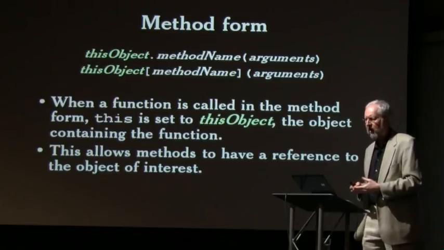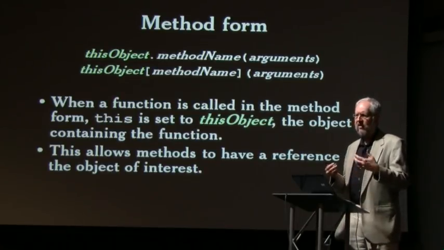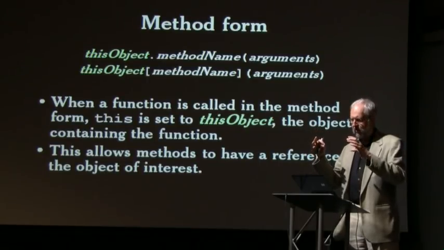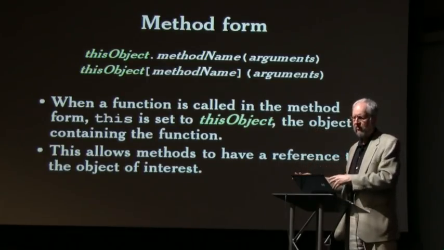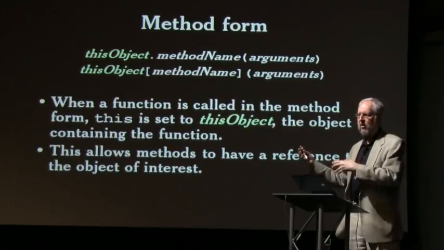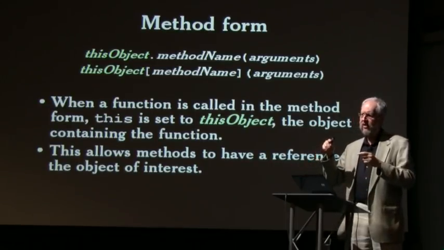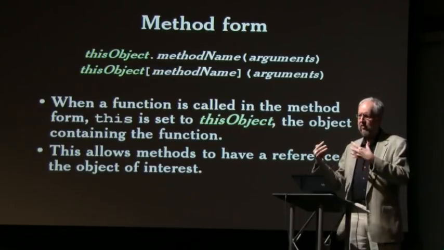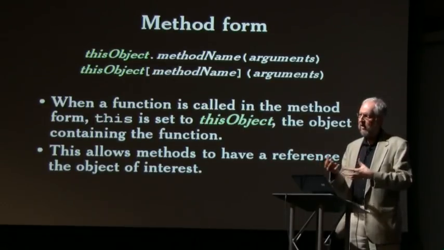So in the method form, we have an object, and then we say dot function name or subscript some method name, and then pass some arguments. That will call the function, and it will associate this with whatever that object was. And that will allow the function then to manipulate this.